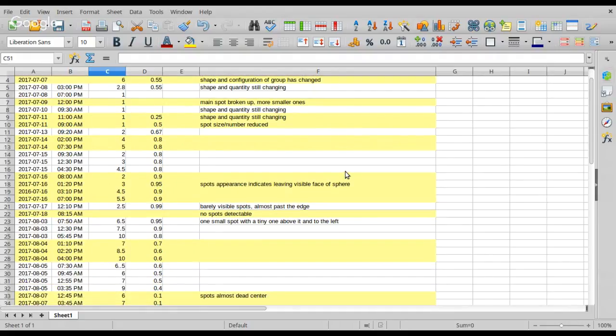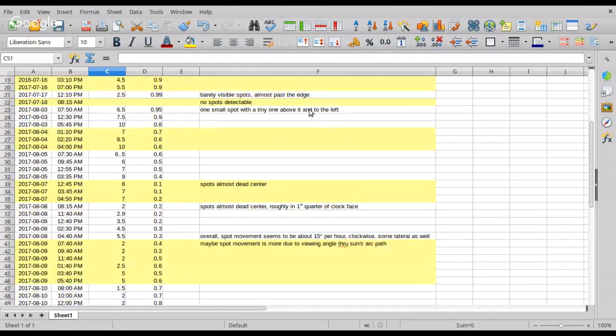And then when they appeared again, there was one spot with another one next to it. It was very close to the edge, at about 6:30 on the clock face. Then it moved up, going on the second half of the clock face, between 6:30 and 10, going by the numbers on the clock, and didn't move a lot laterally.